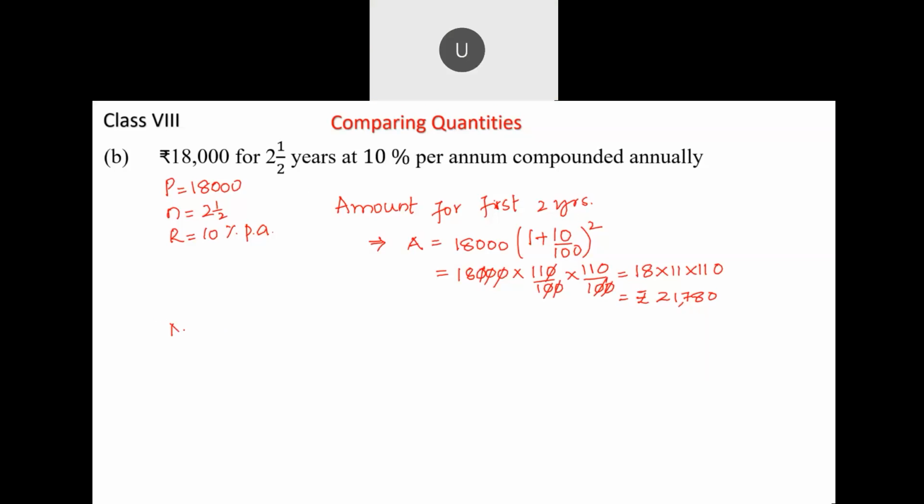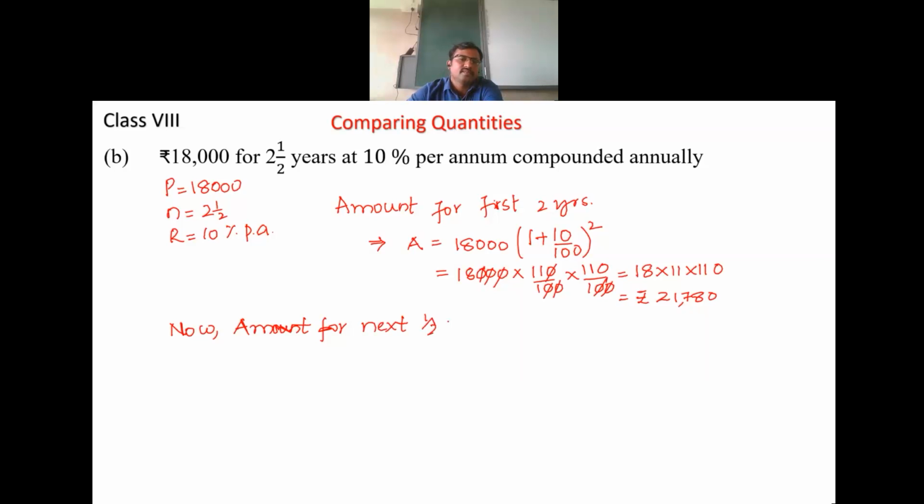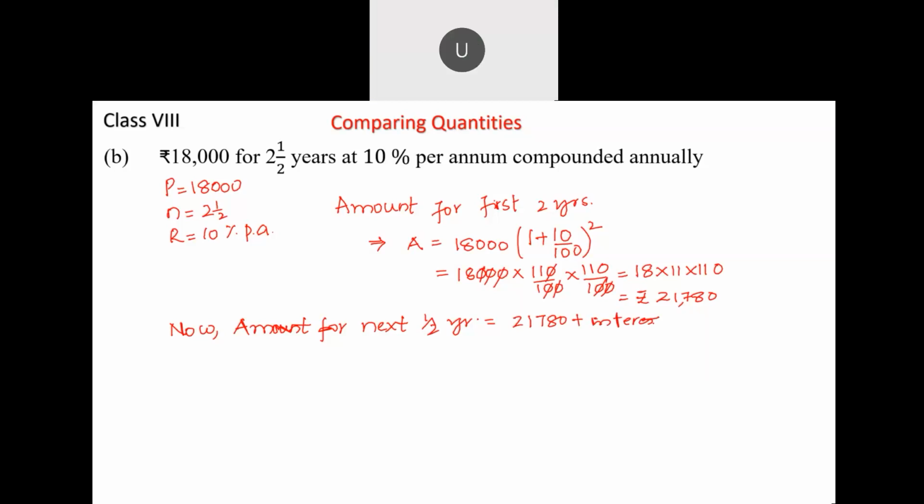Now we need to write the amount for the next half year. We should do simple interest. This will be equal to this 21,780 plus interest. How do we find that interest? Interest is found as PTR by 100.